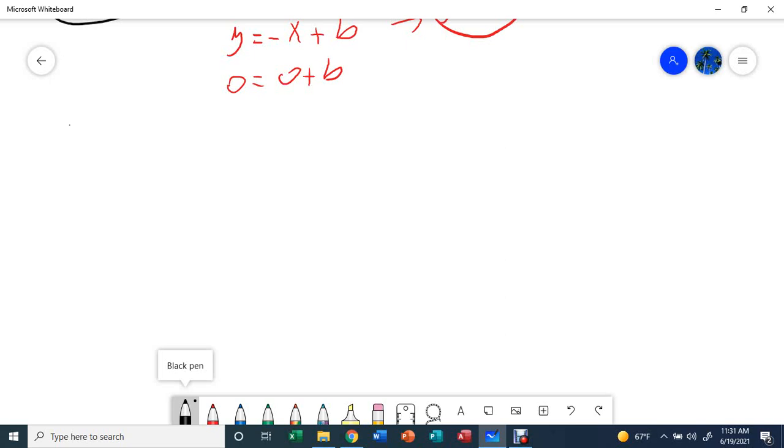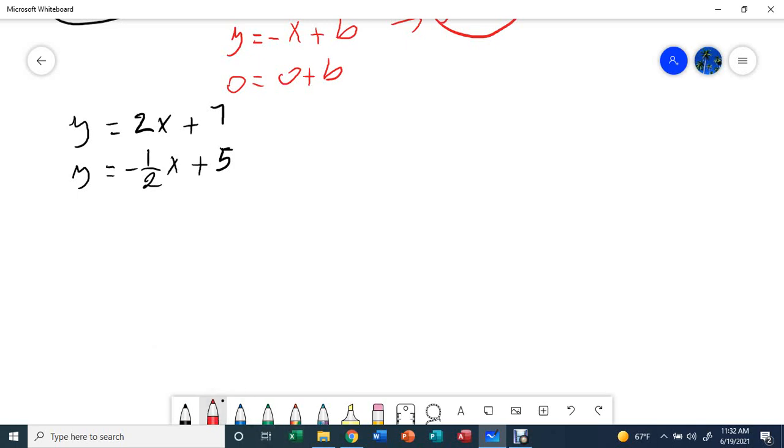For example, y equals 2x plus 7 and y equals negative 1/2 x plus 5. I don't want to make them have the same y-intercept. So here 2 and negative 1/2 are reciprocals of each other with the opposite sign.